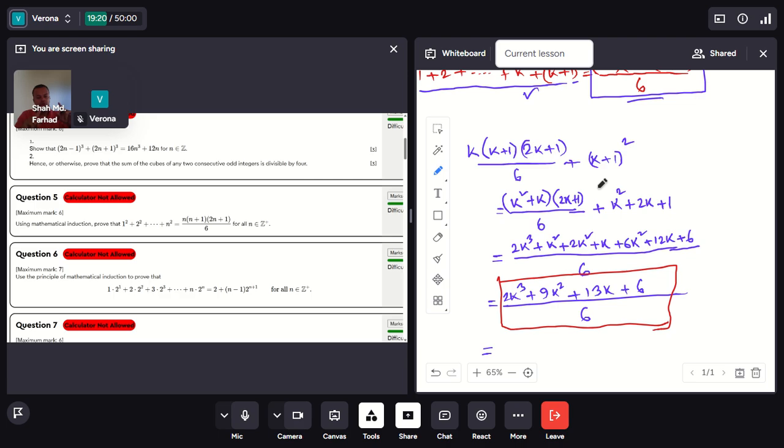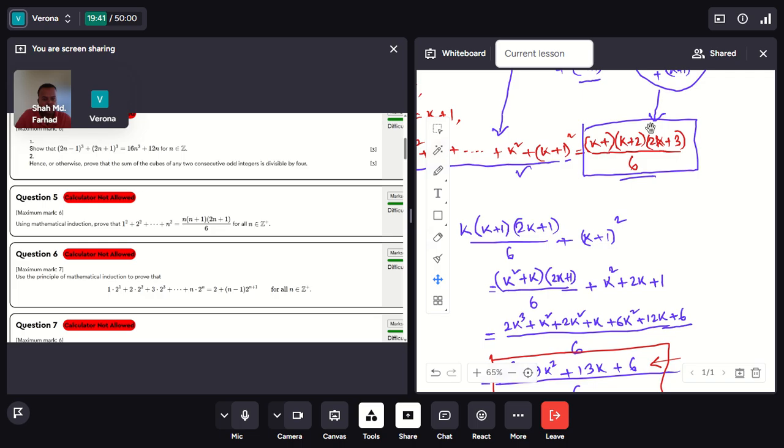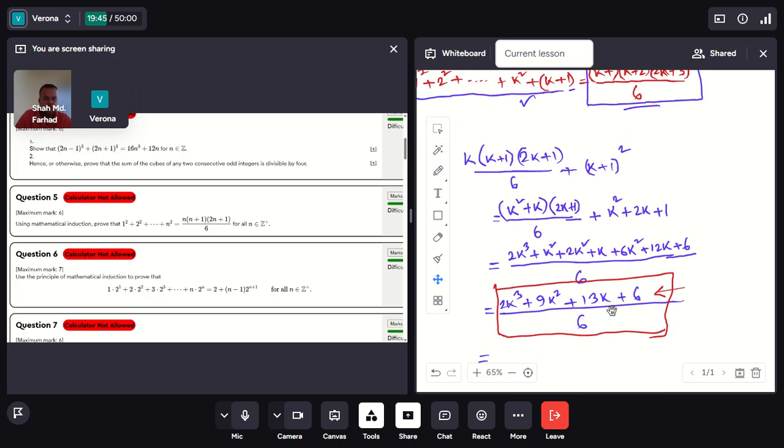So you can follow two processes here. First one is to factorize this term. Or even you can expand this one, then equalize it with this one.